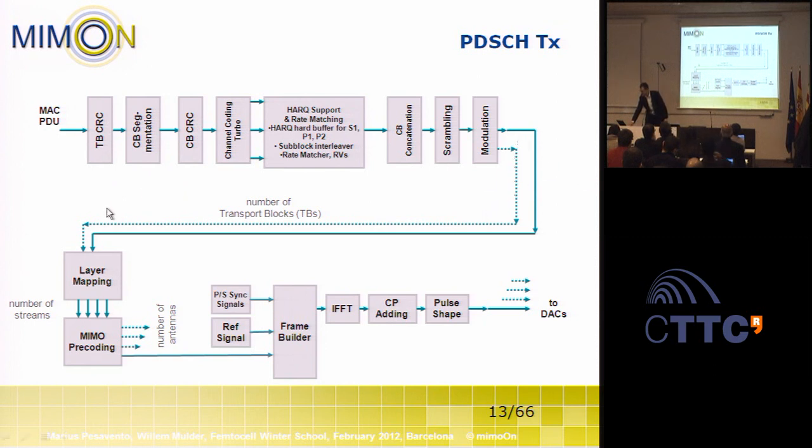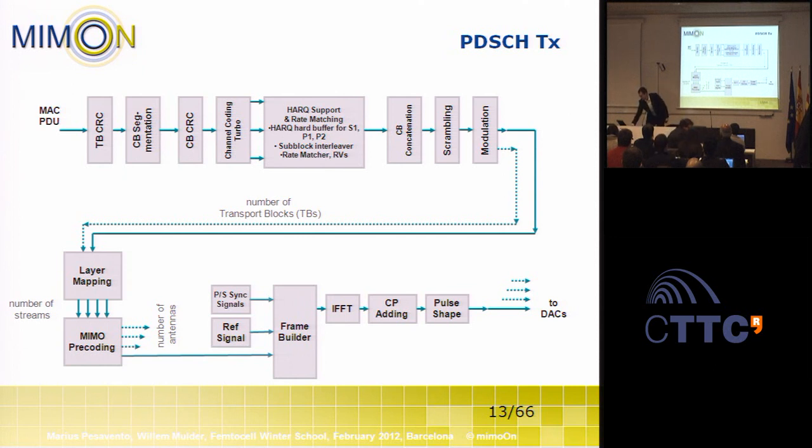So these up to two transport blocks can now enter the layer mapper, and in the layer mapper we adjust the number of streams that we have for MIMO transmission. If we have, let's say, a 4x4 MIMO system, we can use up to 4 streams that we simultaneously transmit from our antennas.